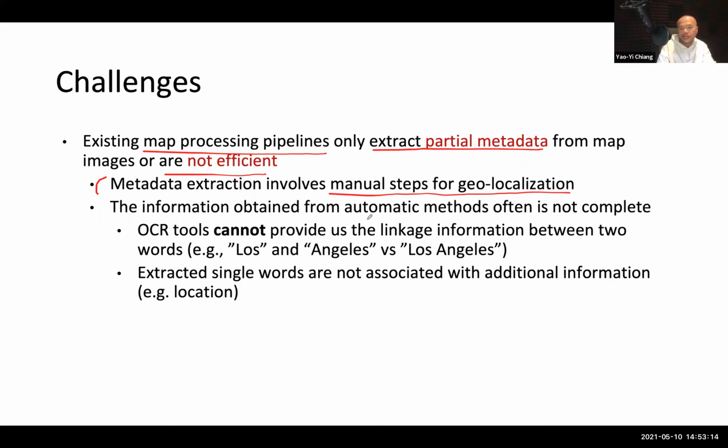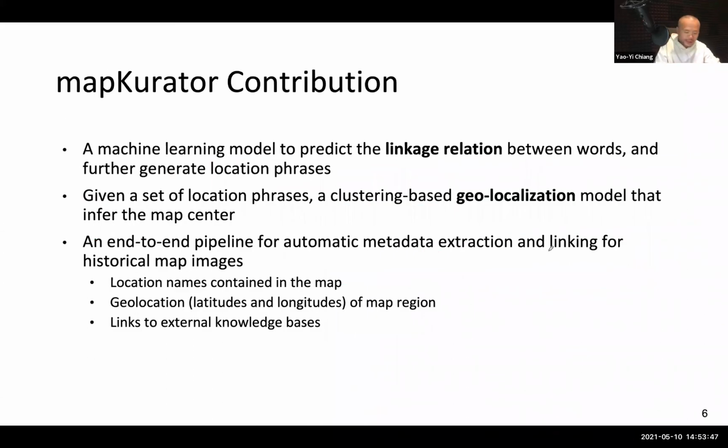The information obtained from automatic methods like optical character recognition is often not complete. OCR tools cannot provide us the linkage information between two words like Los Angeles; extracted single words are not really associated with any additional information. It doesn't have a location. It doesn't have a type. Is it a city? Is it the name of a street? What is it?